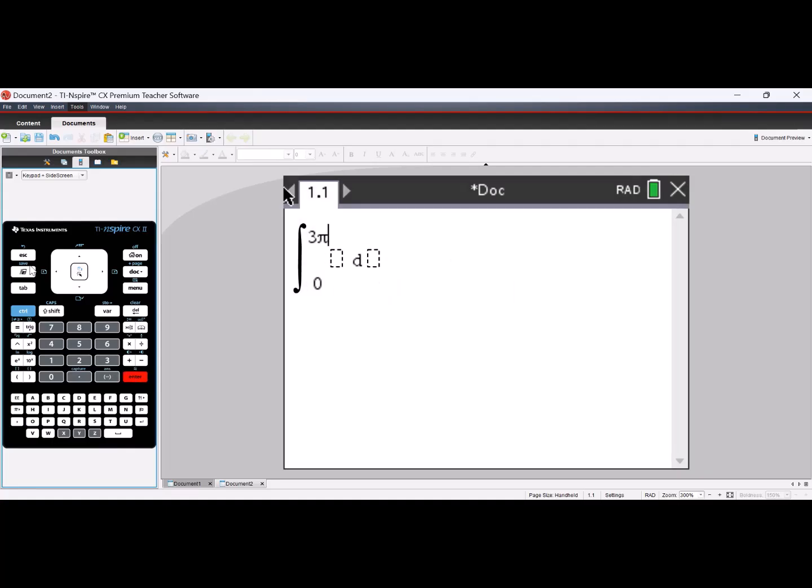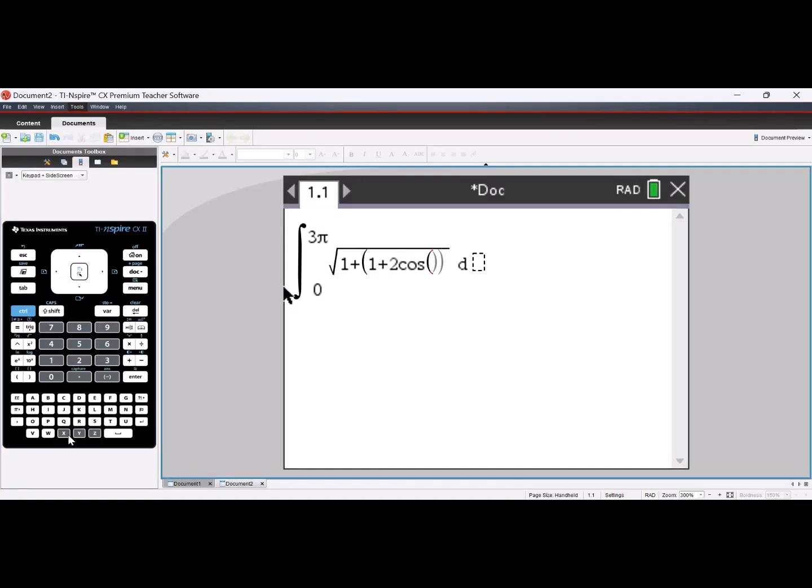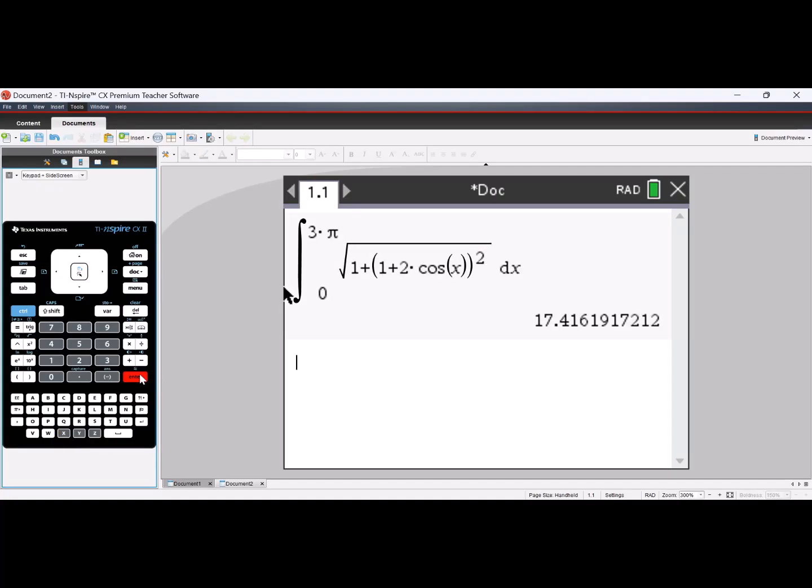Tab, we need the square root, so control x squared, 1 plus, open parentheses, our derivative was 1 plus 2, go to the trig to get the cosine, put in the x, close the parentheses on the angle, close the parentheses on the derivative, then square it. Then you can tab out, make sure it's dx, and hit enter. So our arc length is 17.416.